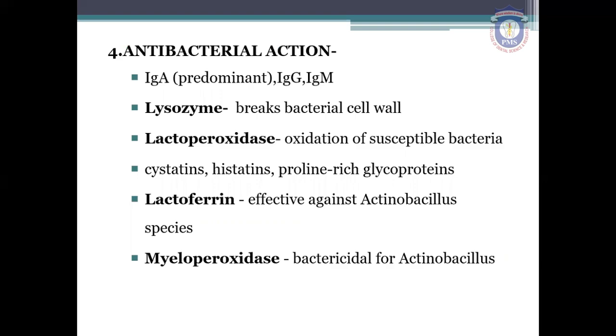It also has antibacterial action. How? It contains various immunoglobulins like IgA, IgG, and IgM. Then enzymes like lysozyme, lactoperoxidase, and the iron-containing lactoferrin and myeloperoxidase. All these have an action against particular bacteria.